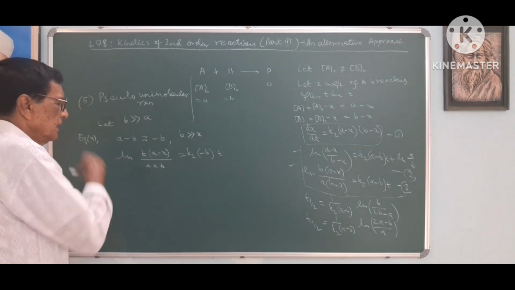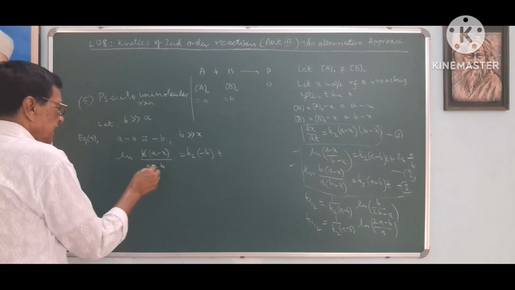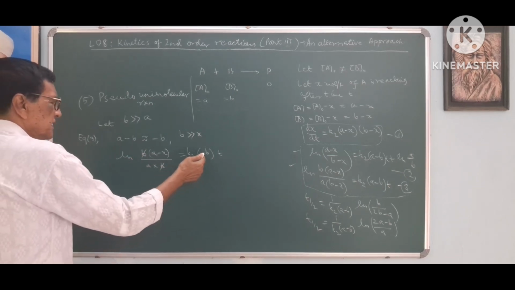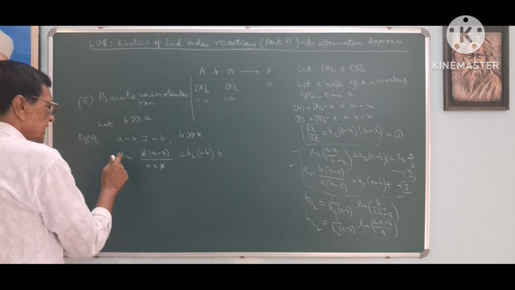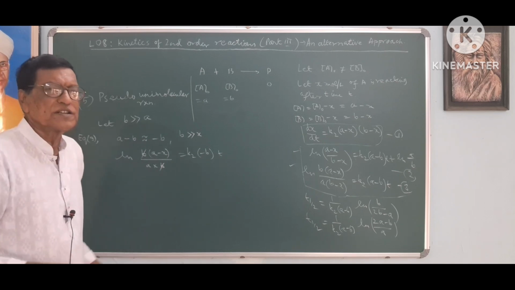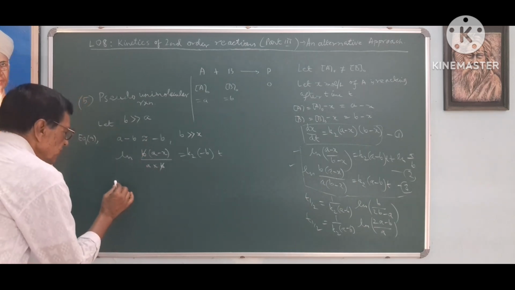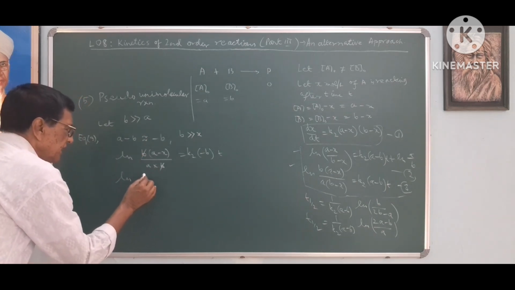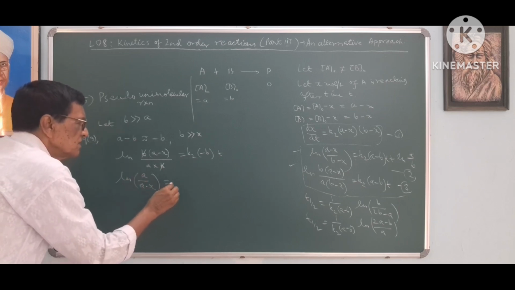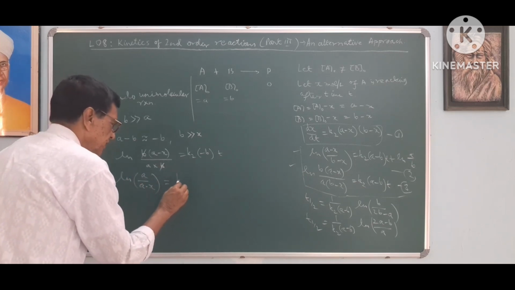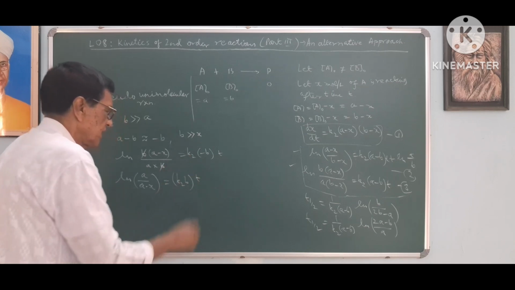If we bring this minus to the left hand side and B cancels, then according to the laws of logarithm, this will be upside down. So it will be ln A divided by A minus X equals K2 into B and t.